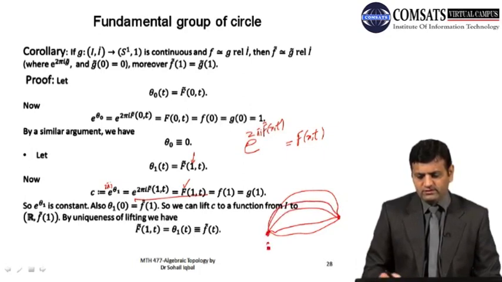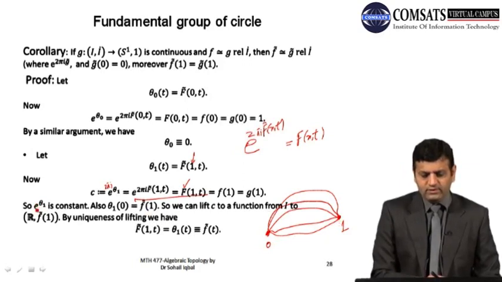Okay, so this is 0 and this is 1, so whenever x is 1, f of 1 and g of 1 are going to be the same. Now e raised to power 2 pi i theta 1 is constant, because this is f of 1. Also theta 1 of 0 is equal to f tilde of 1.